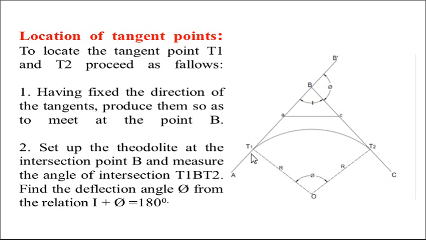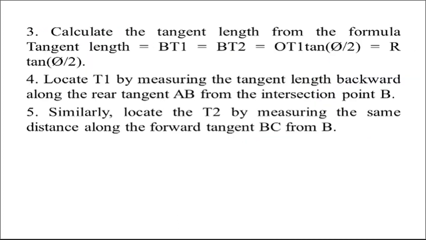Similarly, we lay the calculated length of BT2, the second tangent, from B, and with that distance we get the position of the second tangent point T2. In this way we can set the tangent points T1 and T2, that is, the starting point and the end point of the curve.